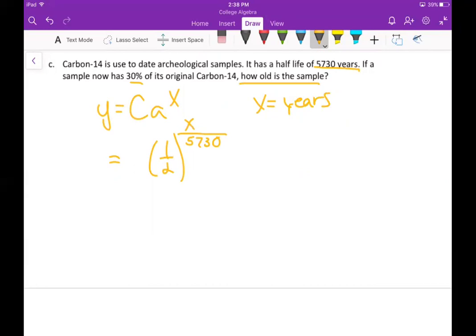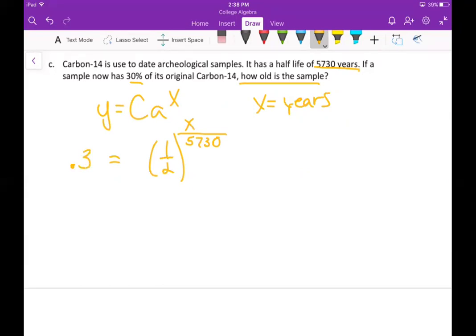Now the question here is I want to know how long it takes to get somewhere, so x will in fact be my variable. So what should c and y be in this case? You can think about an example. If the sample now has 30% of its original carbon-14, then it now has 30% of whatever we started with.